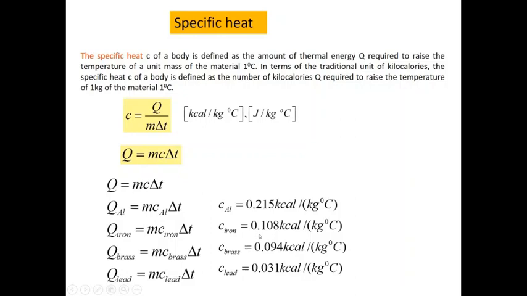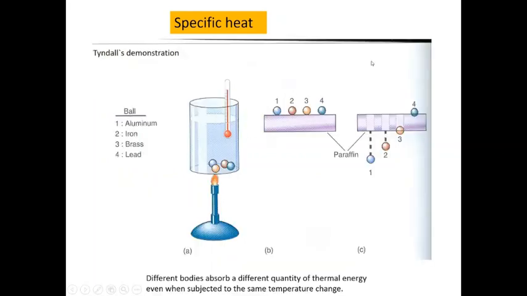Iron is the second, brass is the third, and lead is the last. So aluminium has more heat energy according to this formula, because C is higher, Q is higher. So aluminium has higher thermal energy, which is heat. And lead has the smallest thermal energy. That's why lead is last and aluminium is first.